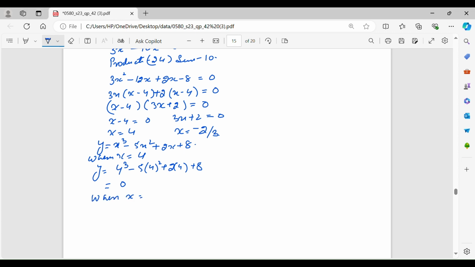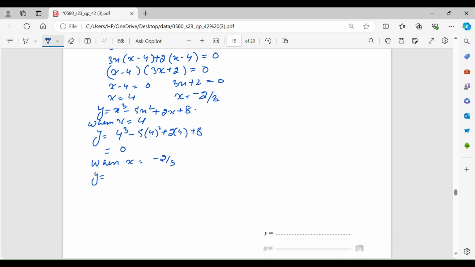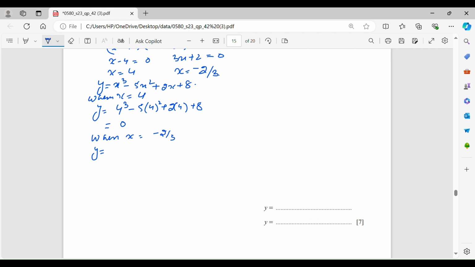And when x is equal to minus 2 by 3, y will be equal to minus 2 by 3 cube minus 5 into minus 2 by 3 square plus 2 into minus 2 by 3 plus 8.